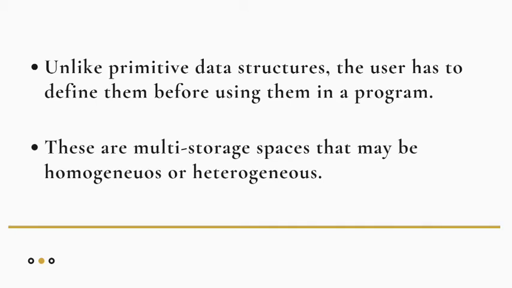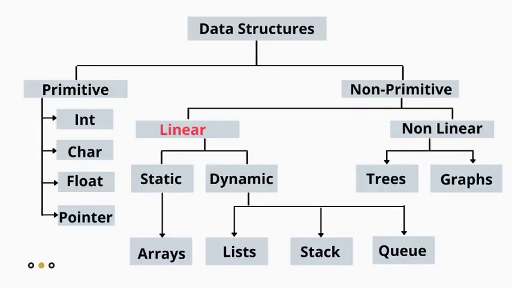There are multi-storage spaces that may be homogeneous or heterogeneous. For example, arrays. Arrays in C++ are homogeneous, but in languages like JavaScript, heterogeneous values can also be stored in an array. These user defined data structures are further subdivided into linear and non-linear data structures.